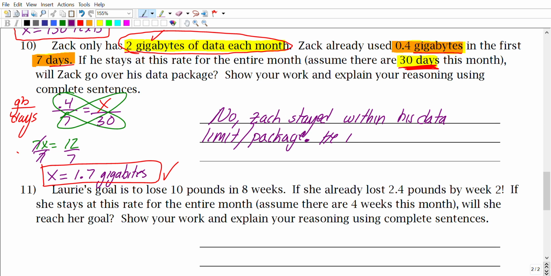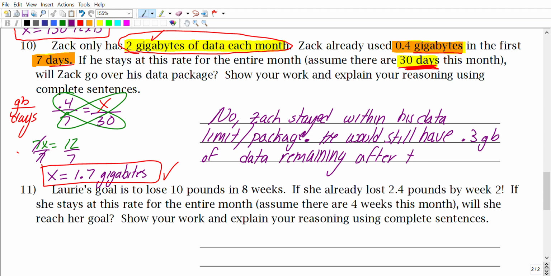Okay? He would still have how much data remaining? It looks like he would have 0.3 gigabytes of data remaining after those 30 days.